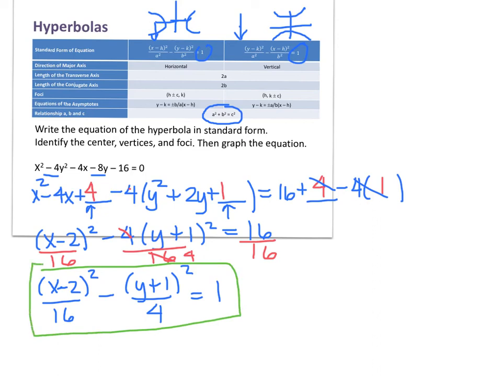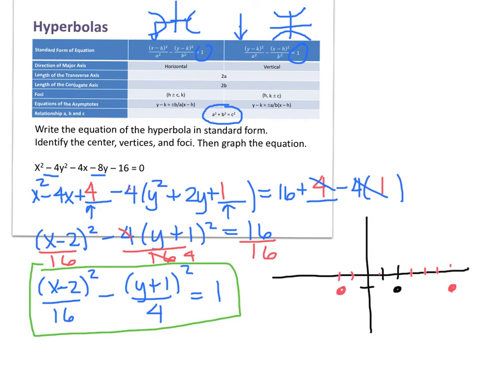Now if I was going to graph it, you are going to want to set up your xy axis. My center is going to be at 2, negative 1. So there's my center. In the x direction, I'm going to go the square root of 16 forward and back. So 1, 2, 3, 4 puts me out here, and 1, 2, 3, 4 puts me back here.